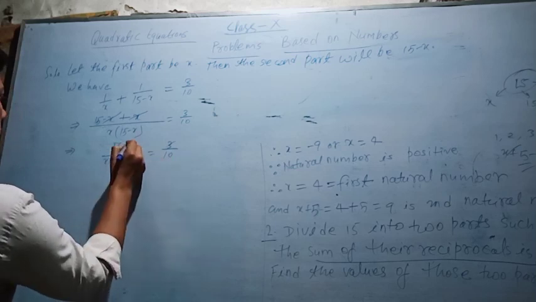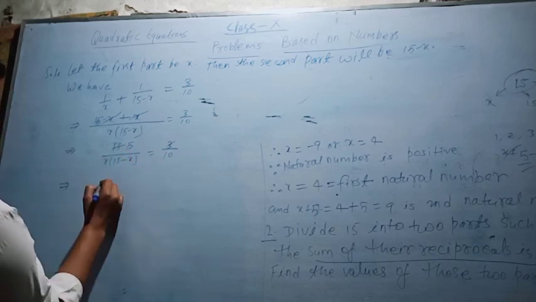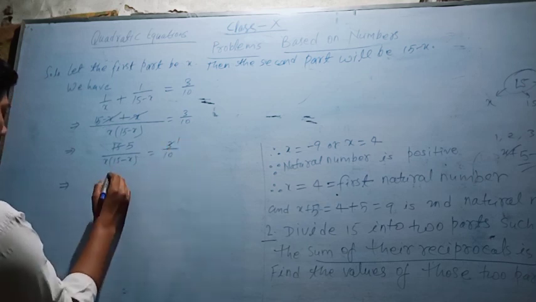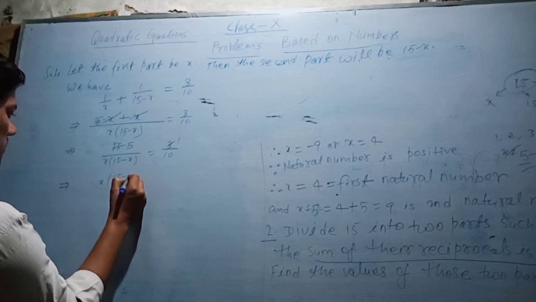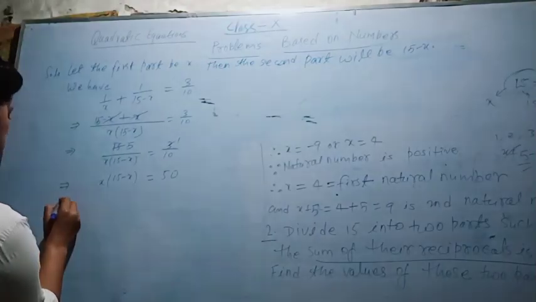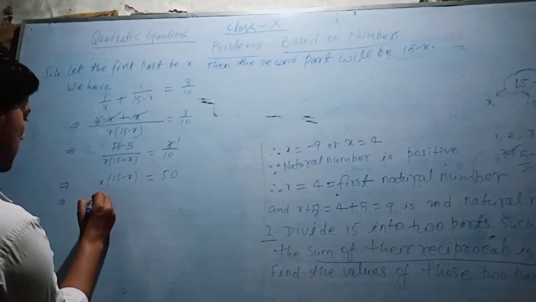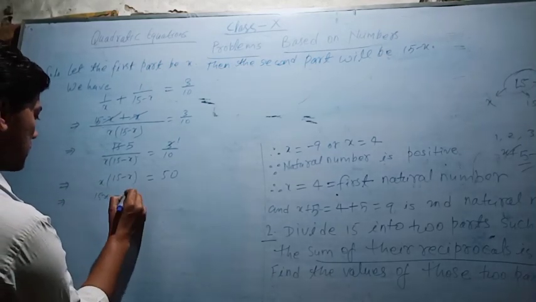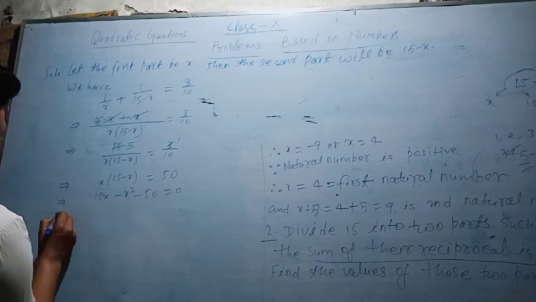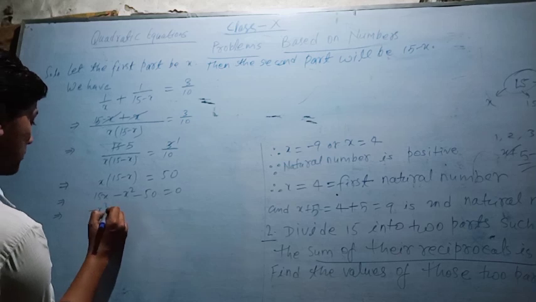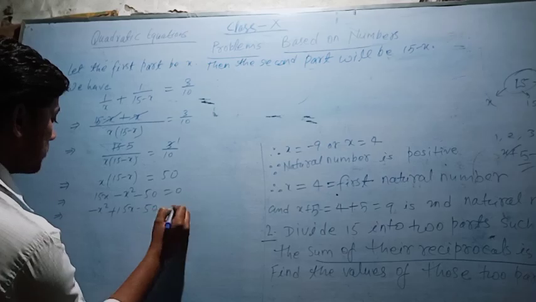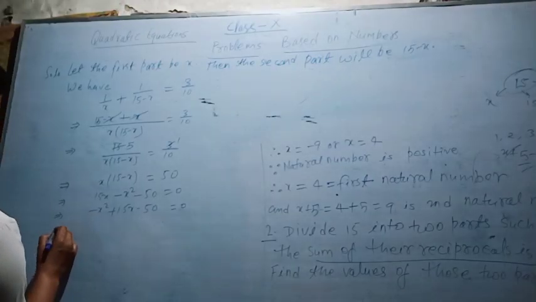3 5s are 15, so x into 15 minus x is equal to 10 into 5, which is 50. 15x minus x square minus 50 is equal to 0.